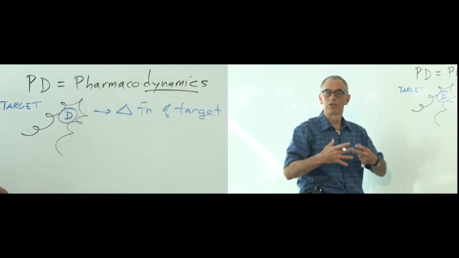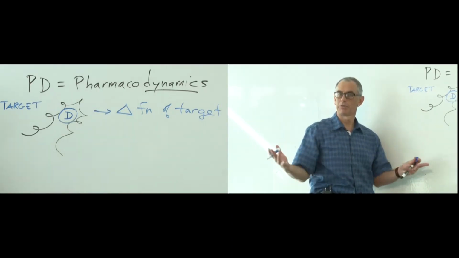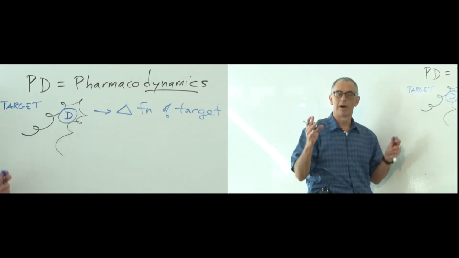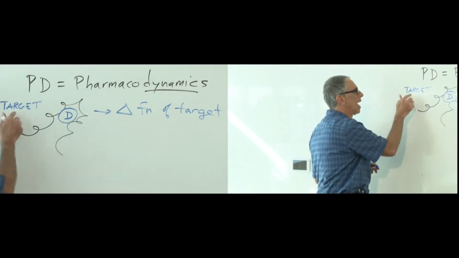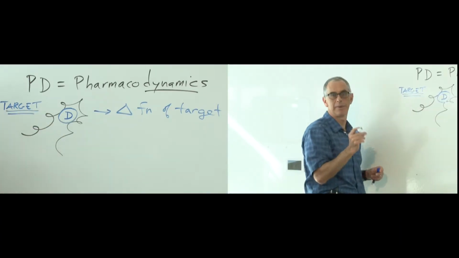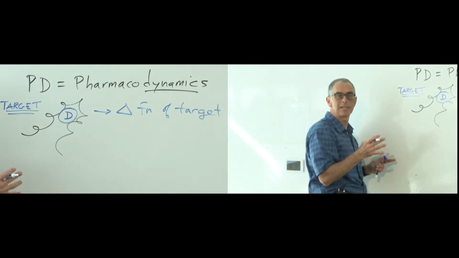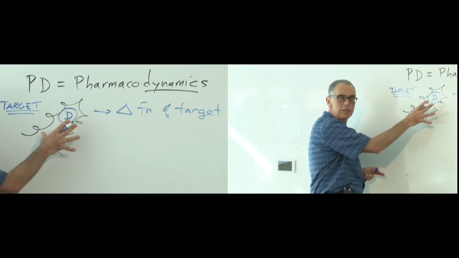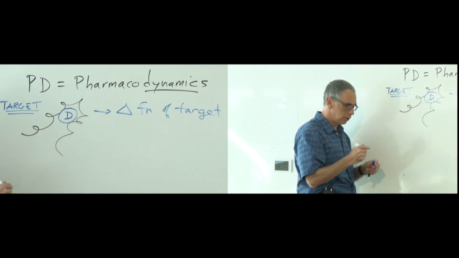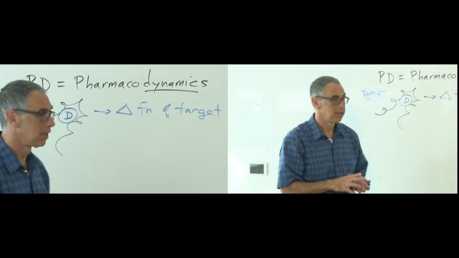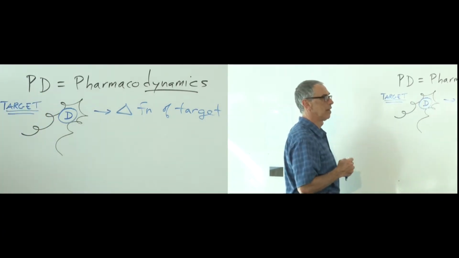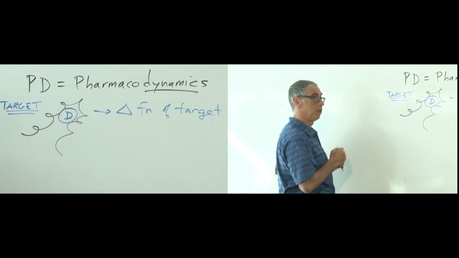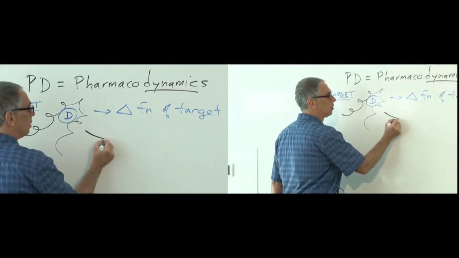Now, remember, the drug, when we take it, gets distributed throughout the body. And it goes everywhere. But somewhere in the body is the actual target that it was meant to bind. And so pharmacodynamics is the study of binding of the target and then the downstream pathway of effects that will lead to a change in the physiology. So this is just one protein. It might interact with another protein.